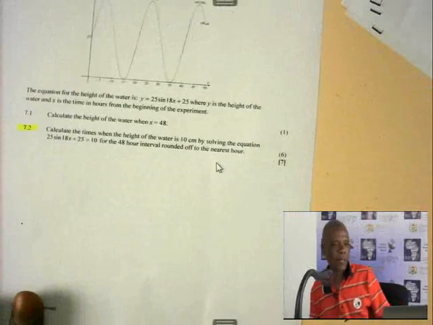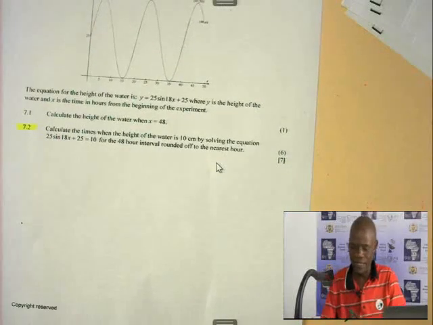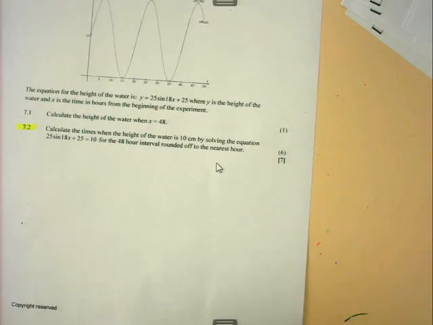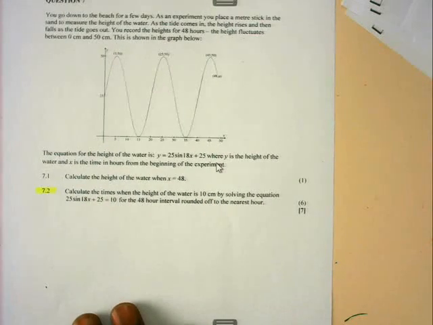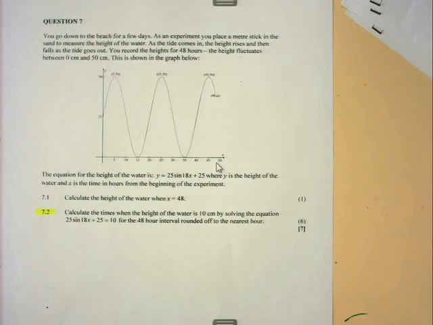Why did I bring along the grade 11 question paper? Because I normally get bored if I just keep on solving something that I don't know where I use it in a real life situation.